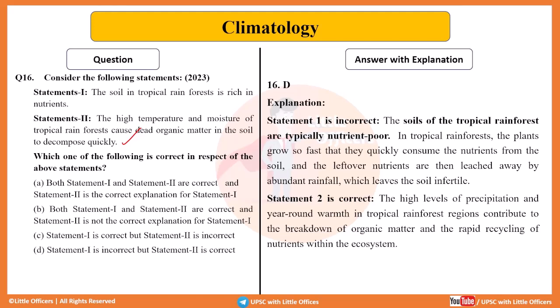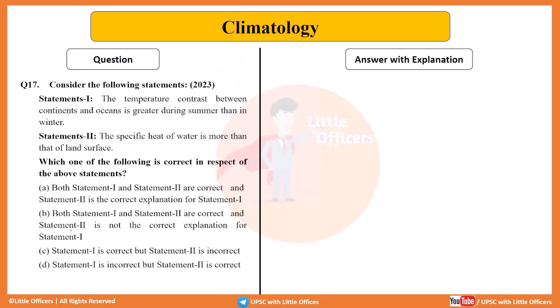So that's the reason they are poor in nutrients. The topsoil is poor, but if you go a little bit below, the subsoil has a good amount of nutrition. So that's the reason the first statement is wrong. On the basis of it, you can come to D.